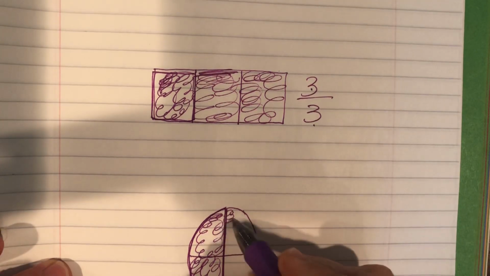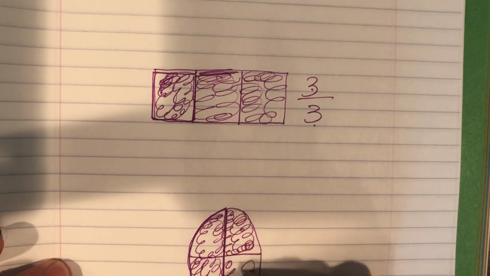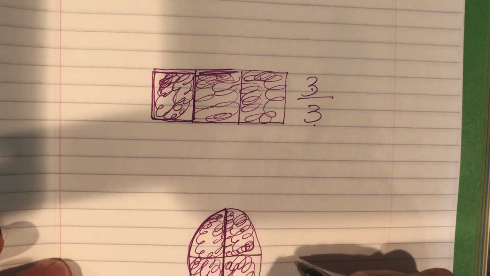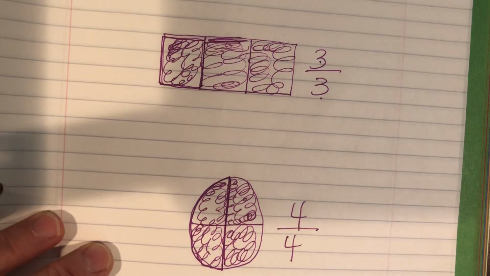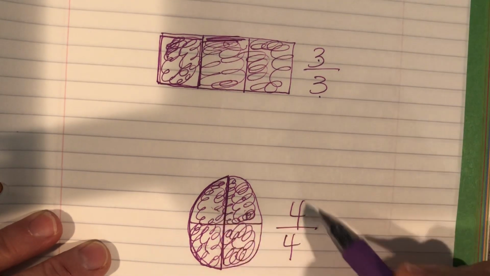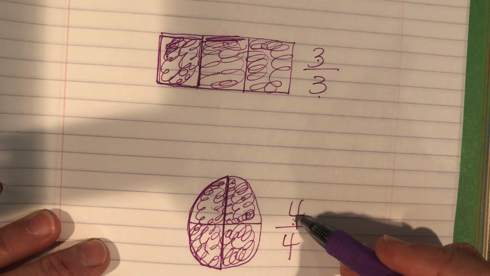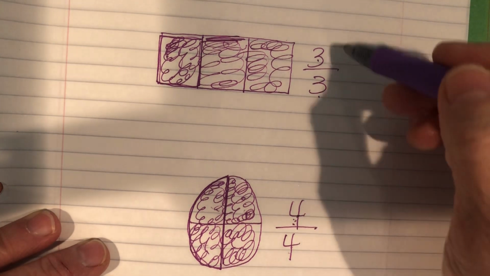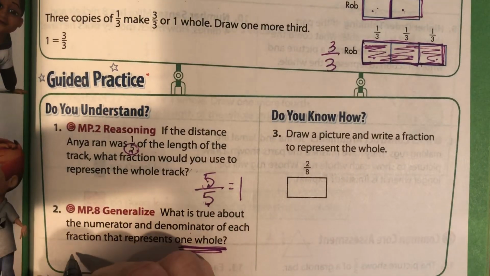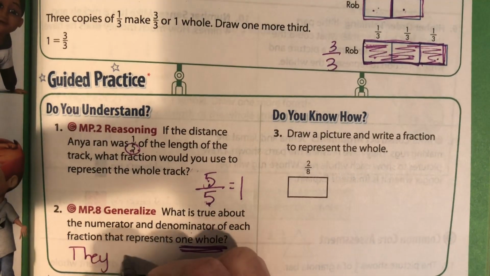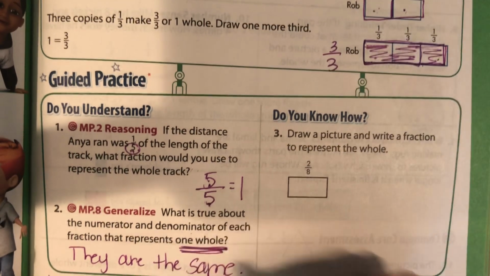If I said I planted flowers in the whole garden, what fraction of the garden is planted flowers? There are 4 sections total, and I must have filled in flowers in all 4 sections. So the numerator and the denominator must be the same anytime the fraction represents the whole thing, okay? They are the same, okay?